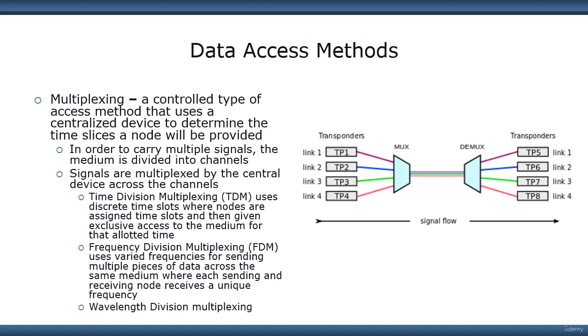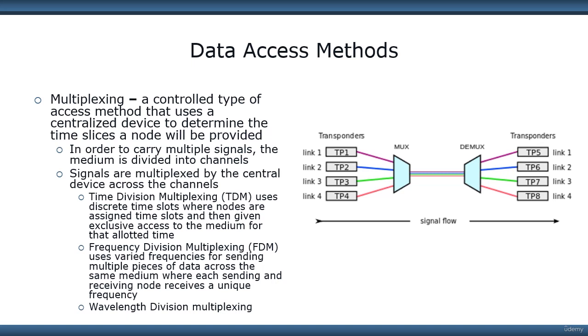Time division multiplexing is using discrete time slots where an individual node is given a time slot and they're given exclusive access to the medium for that period of time. Okay, simple enough. Frequency division multiplexing uses varied frequencies for sending multiple pieces of data across the same medium, where each sending and receiving node gets a unique frequency so they can communicate at the same time because they're technically not overlapping.